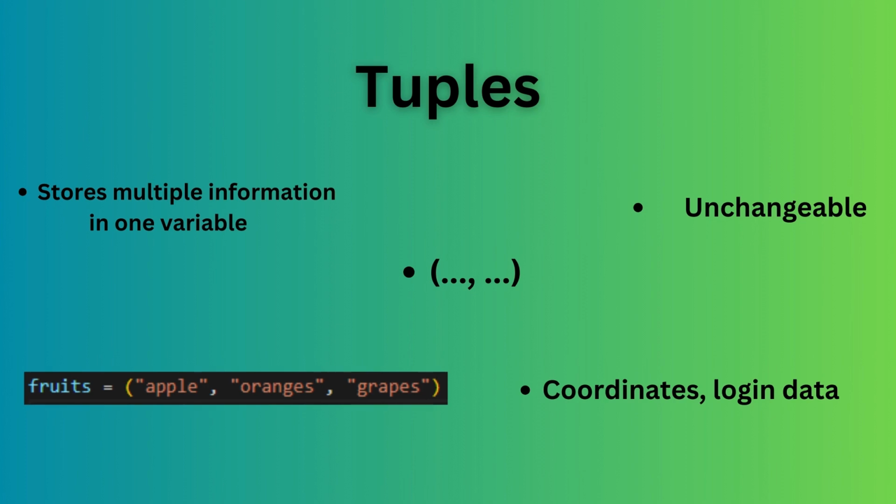But it can store multiple, also different, information in one variable. These tuples are most likely used for login data and coordinates, to make sure that your data is secured, so nothing is removed.